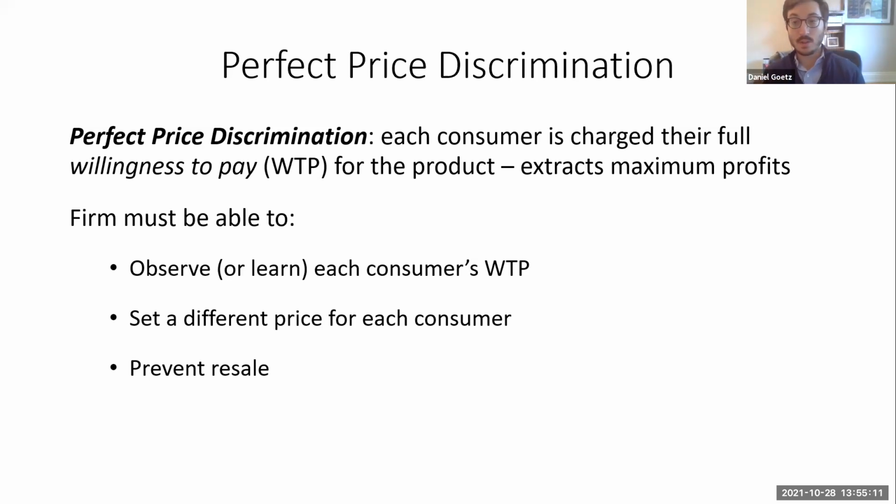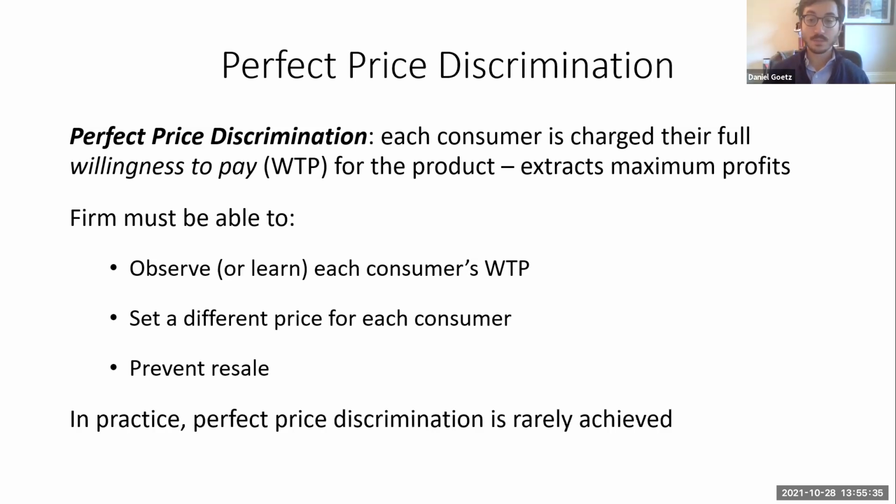And you have to be able to prevent consumers from buying and selling to each other, right? Because if you sold to the consumer with the lowest willingness to pay, and they're able to turn around and sell to a consumer with a higher willingness to pay and undercut the firm, then you're not going to be able to perfectly price discriminate anymore, right? So you need to be able to prevent resale.